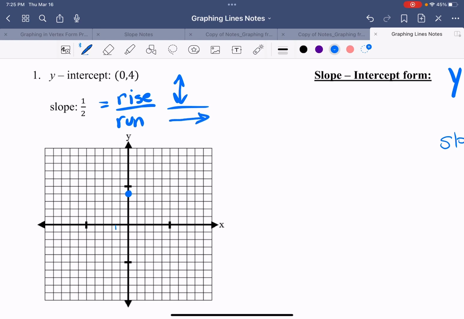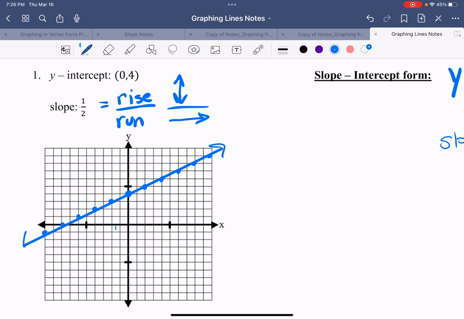So what's nice about this one, it has a 1, up 1, and to the right 2. Up 1, to the right 2, up 1. So we're going to draw that in this direction first, and then you'll go opposite, down to the left. Down 1 to the left 2, down 1 to the left 2, and so on. So now we have this glorious line.